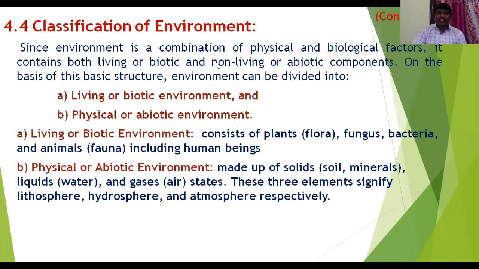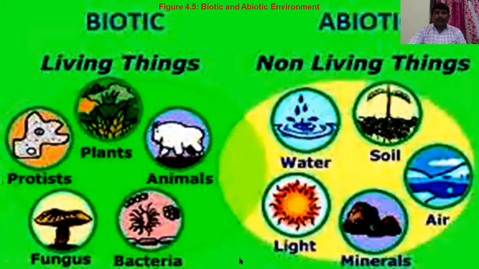On the basis of spatial distribution, smaller units are termed as coastal environment, plateau environment, mountain environment, lake environment, river environment, maritime environment, etc. The figure 4.5 on the screen discloses to you about biotic and abiotic environment.